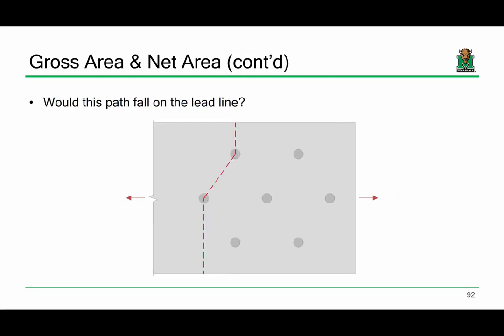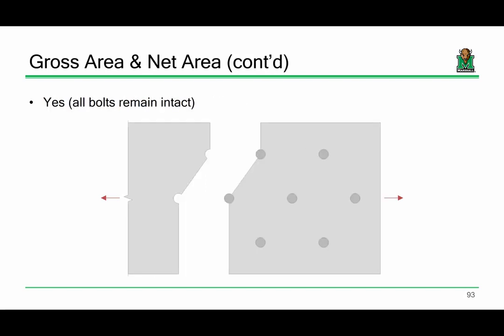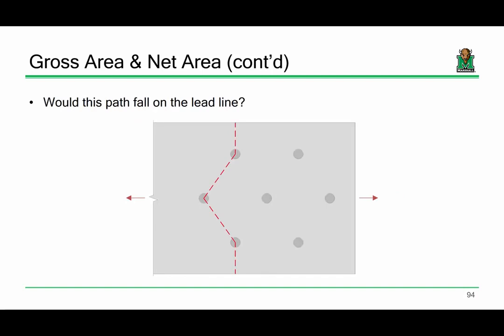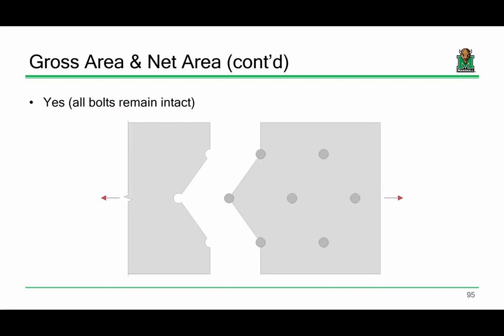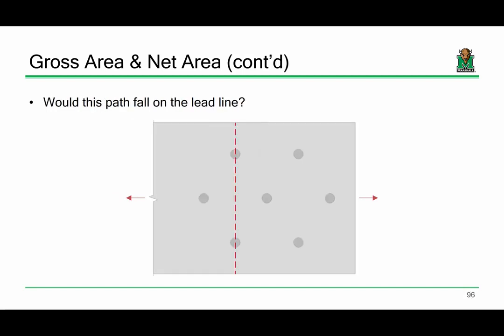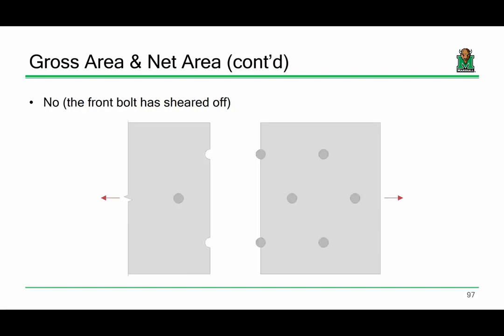How about this one? Would this path fall along the lead line? Yes, it would, because the bolts remain intact. What about this one? Yes, all the bolts remain intact. What about this one? No. Now you can see it, right? Because if you fail that band, that front bolt has sheared off, okay?